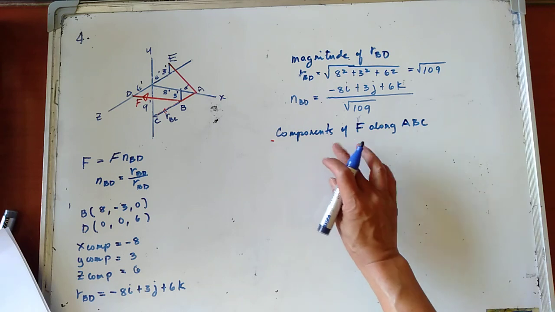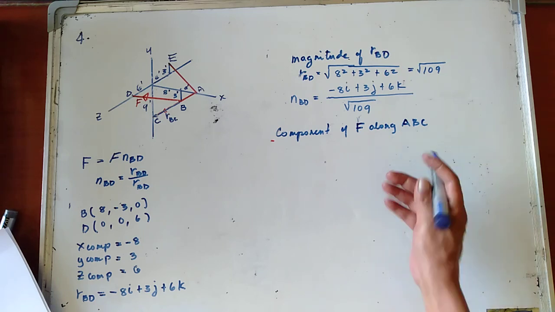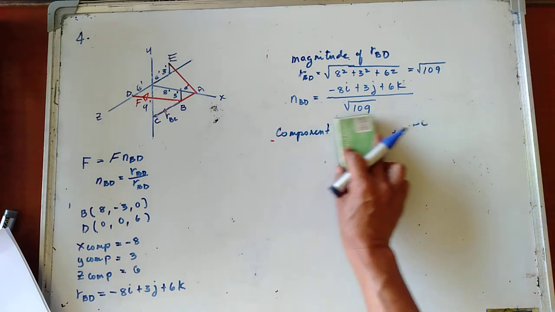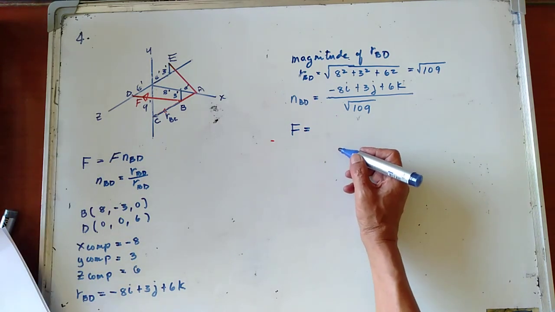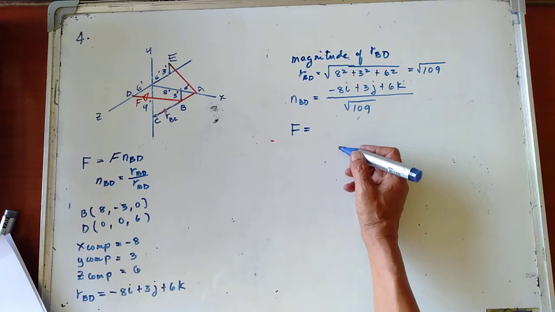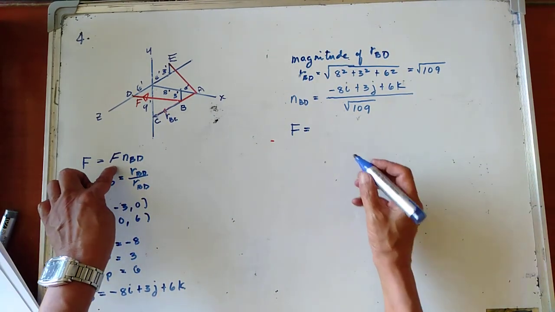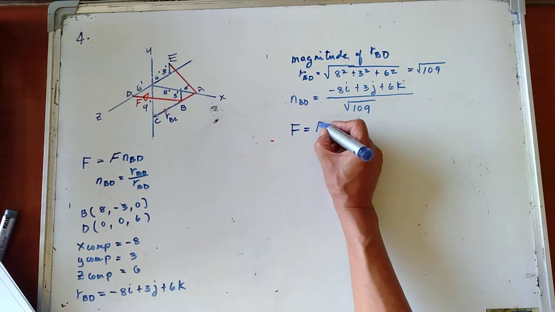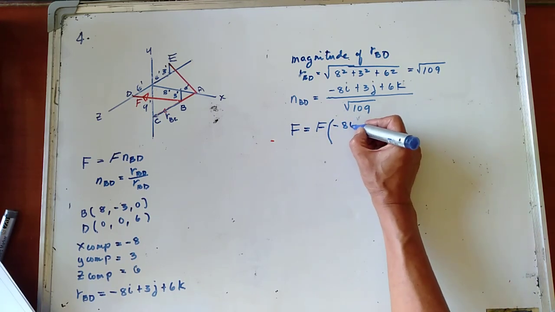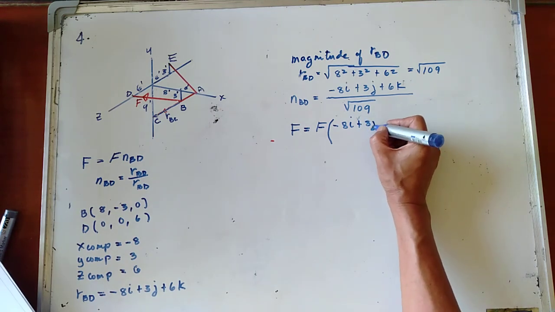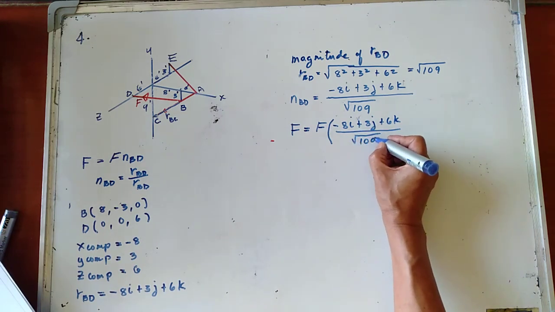So for the component of the vector F along ABC, let's try to determine first the vector F. Your vector F is now equal to the magnitude of the vector F multiplied by the unit vector BD, which is minus 8i plus 3j plus 6k all over the square root of 109.